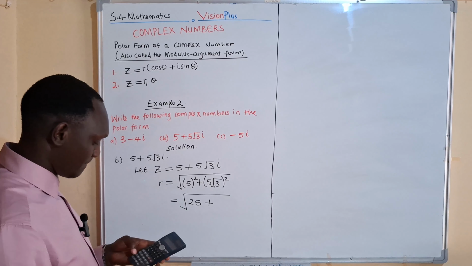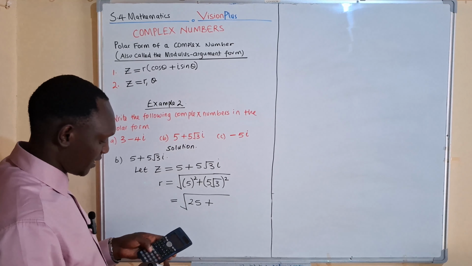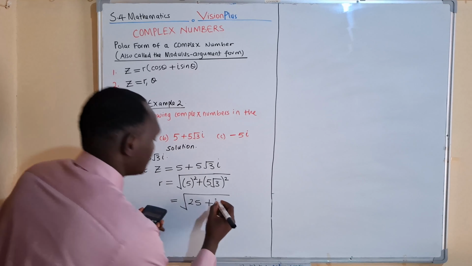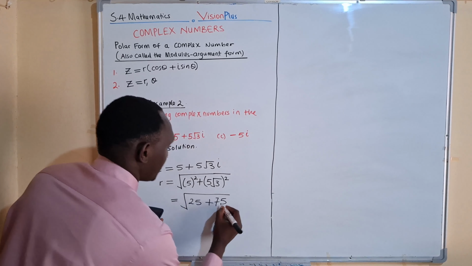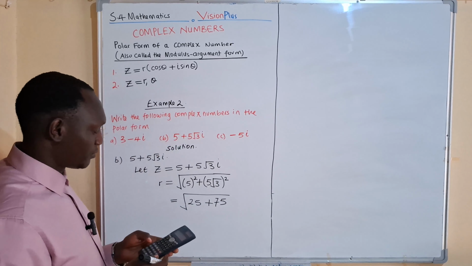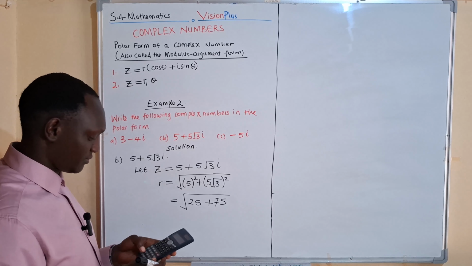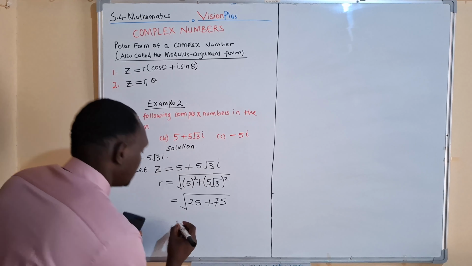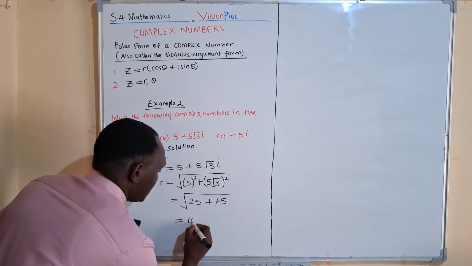You open the bracket, 5 root 3 close bracket squared. It is 75, because it is the same as 25 times 3. Plus 25, that is 100. What is the square root of 100? It is 10 units.